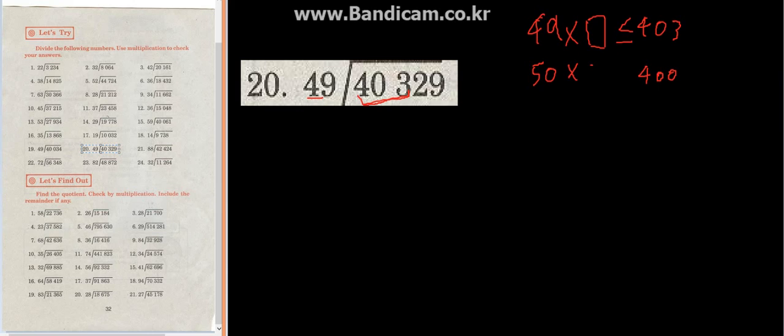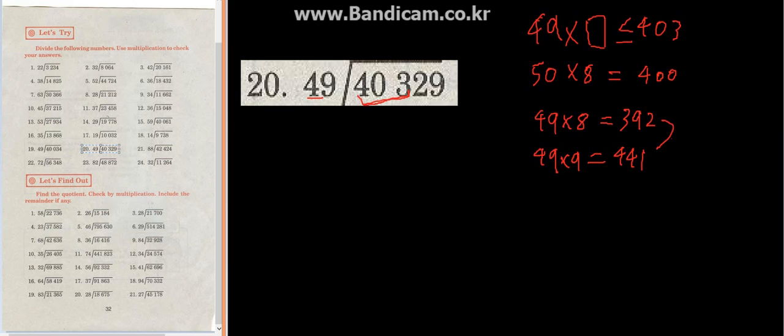If we multiply by 8, that would be equal to 400, right? So this time, let's put in the box 8. So 49 multiplied by 8 is equal to 392. It's smaller than 403, and if we multiply by 9, that would be 441, right?